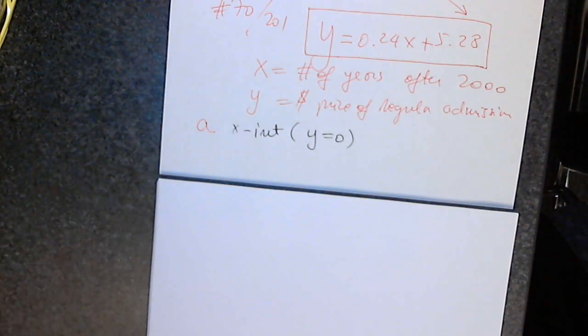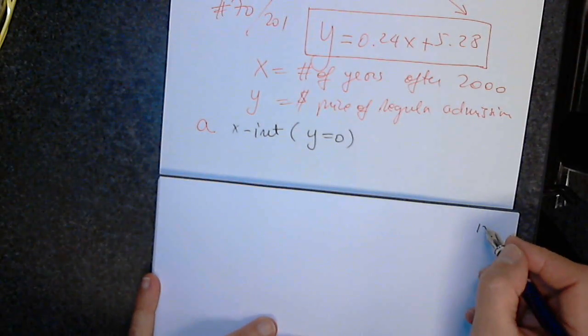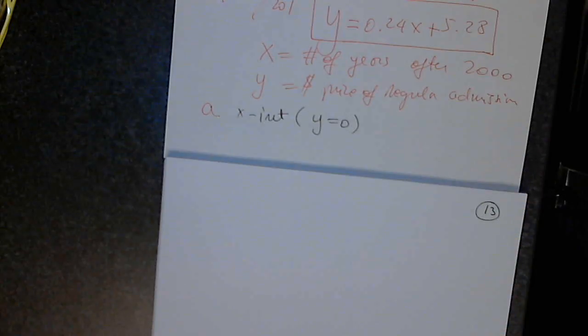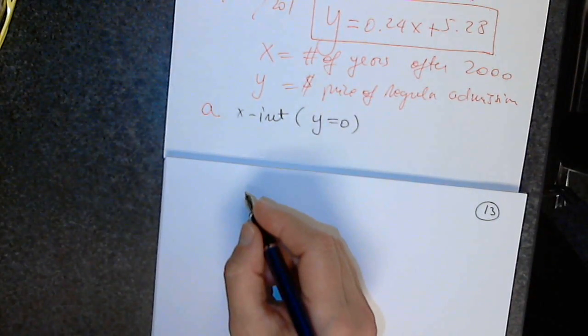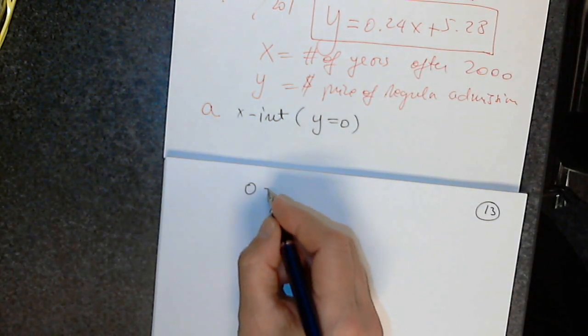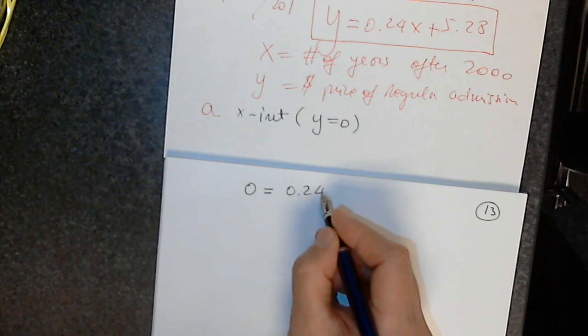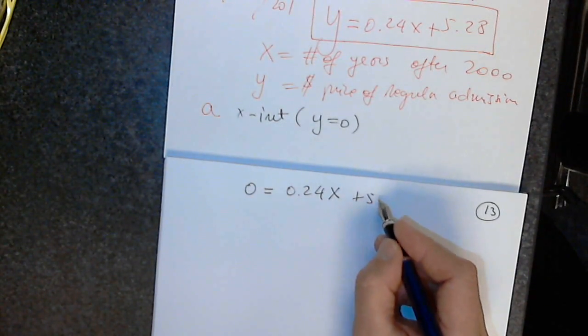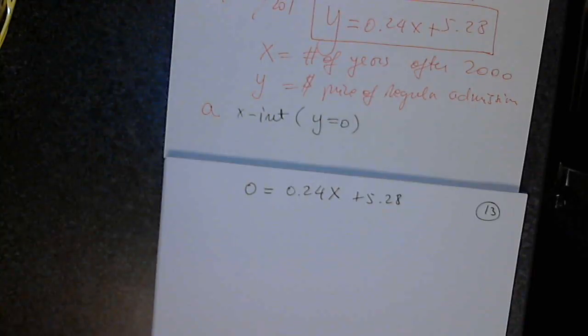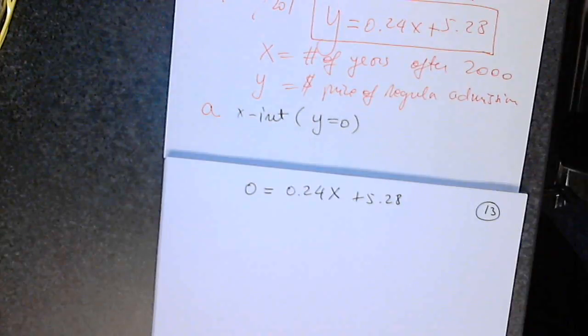So please dictate the equation you will solve for x, and I will write it. 0 equals 0.24x plus 5.28. Excellent. How do I solve this equation for x?